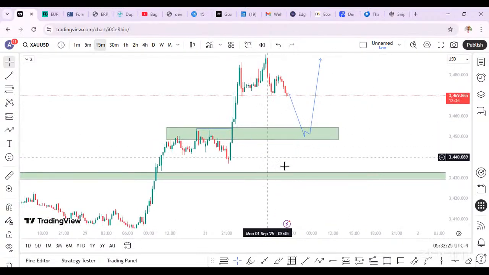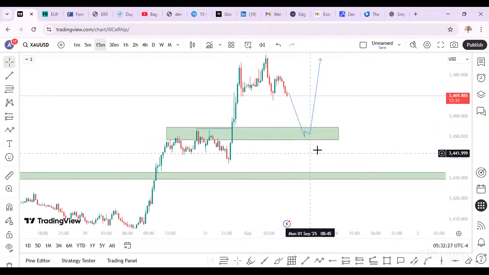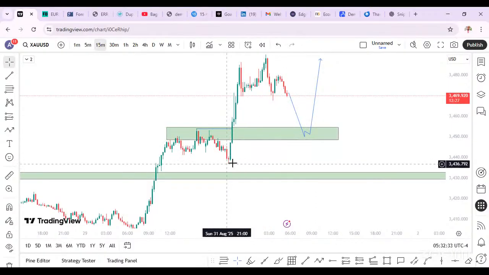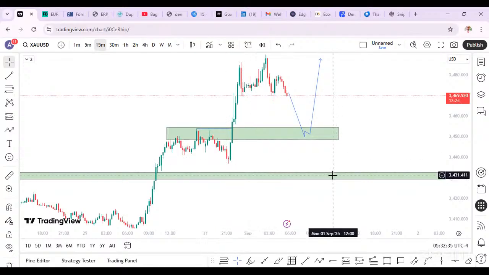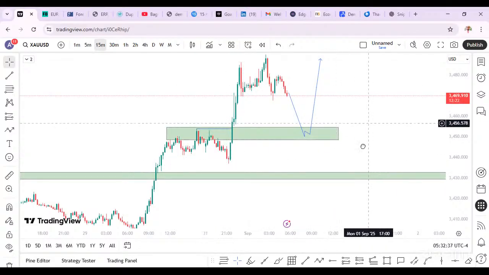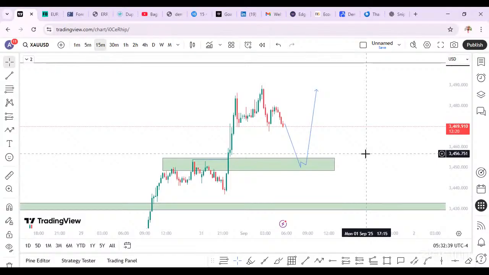But please be careful, watch out for what price will do around there before you put a trigger. Price can decide to make this play liquidity and tap into this before the push up. So you need to be extra careful when you are looking for a buy.